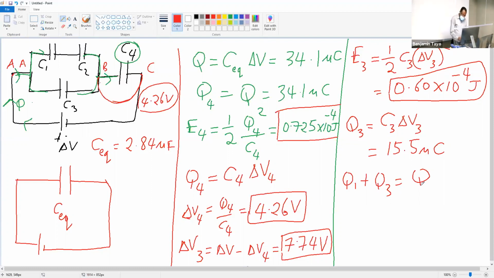So from here you can calculate Q1. So Q1 minus Q3 is equal to 18.6. Because Q1 is equal to, so Q2 is also the same as Q1.